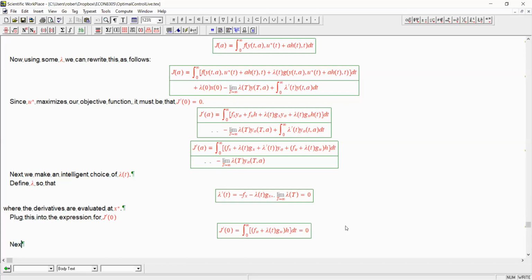Next, just as we were able to make an intelligent choice for lambda, let's make an intelligent choice of h.